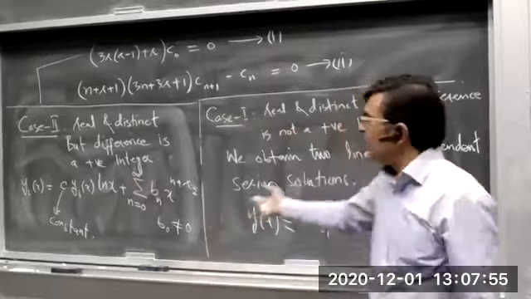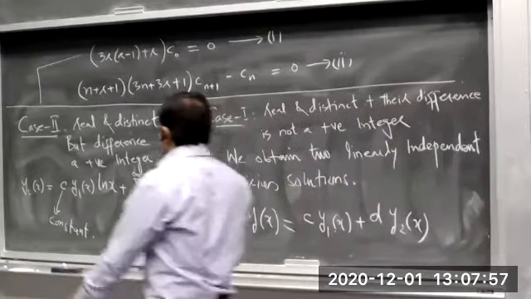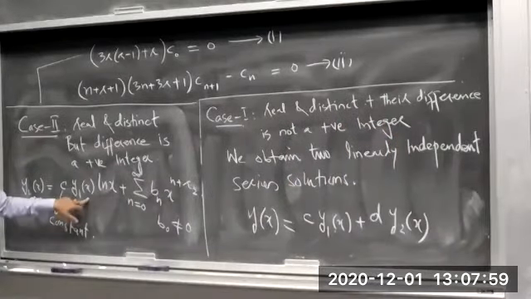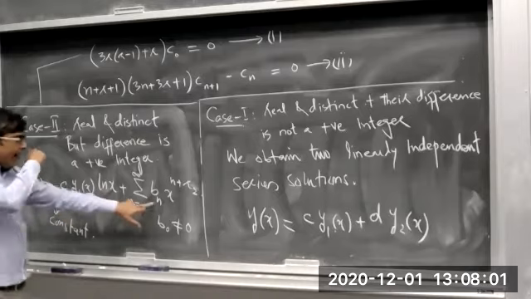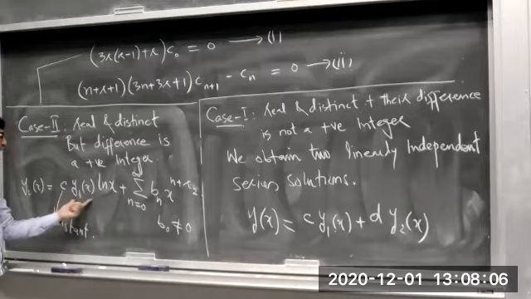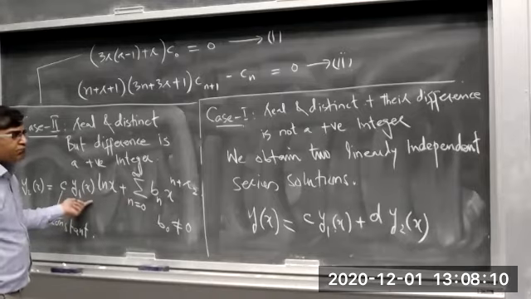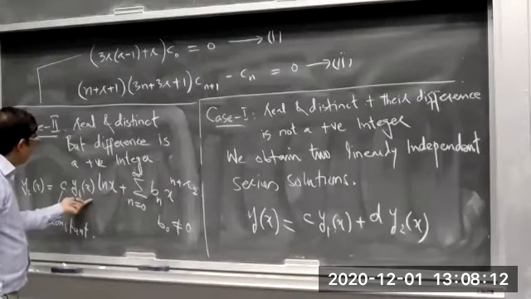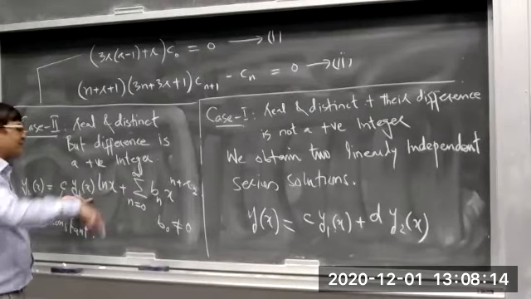You can see this series involves, in fact, two series. Y1 of x is a series, and Vn of x is a series. But you don't have to put the series here, because y1 is a solution. It will obviously satisfy the given differential equation.